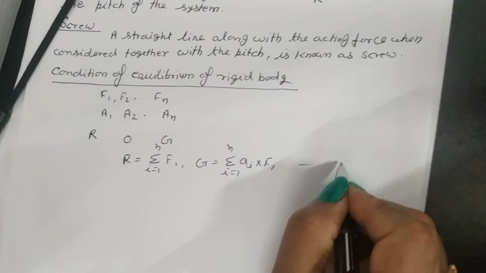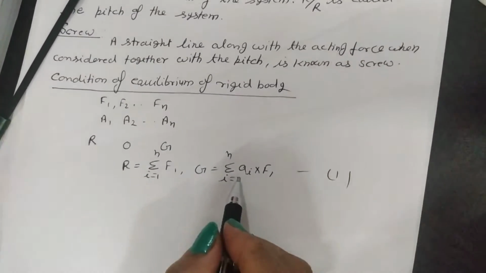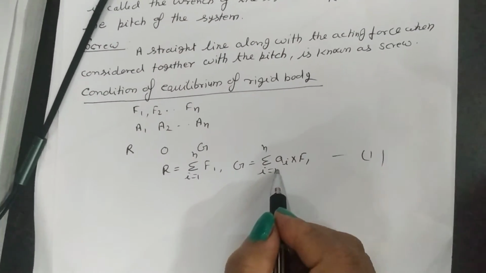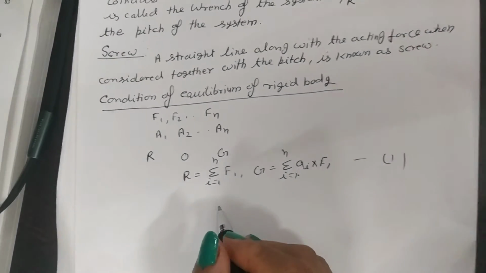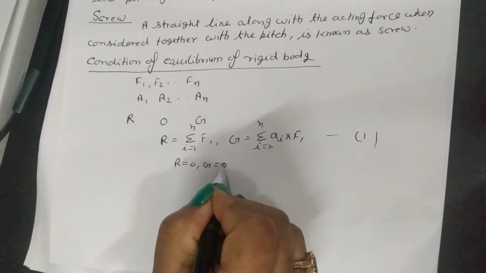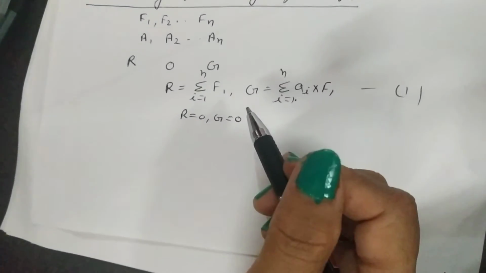Let us suppose that this is equation number 1, where Ai is the position vector. For the equilibrium of the body, R is equal to 0 and G is equal to 0.